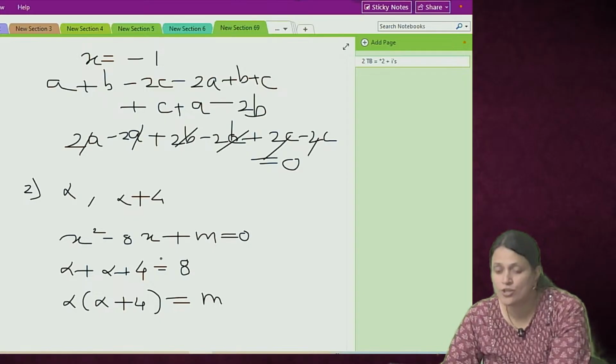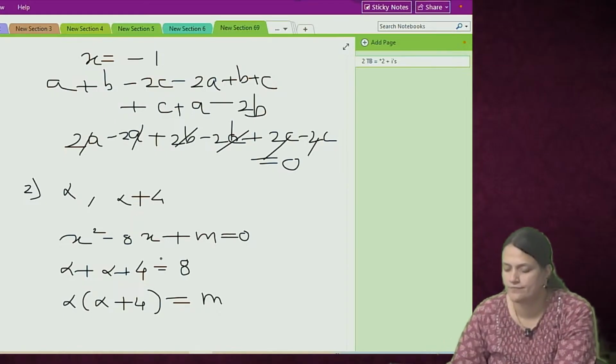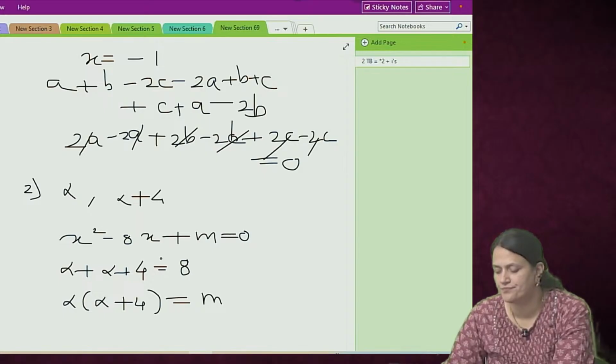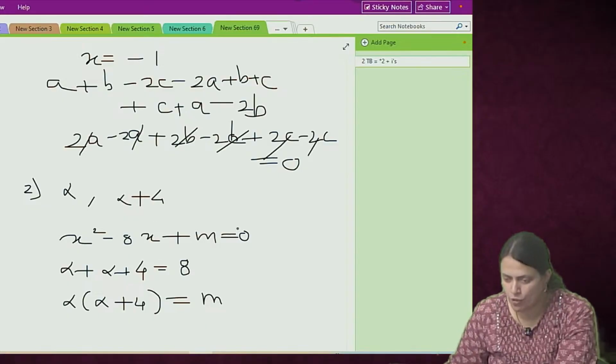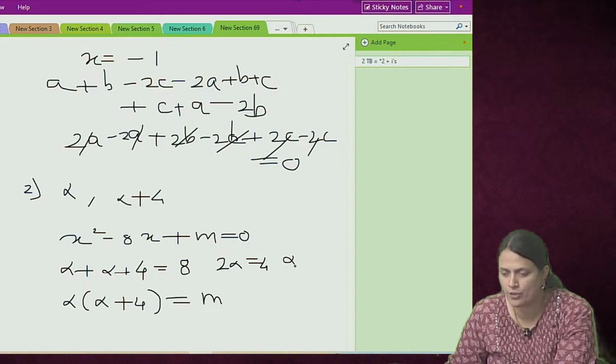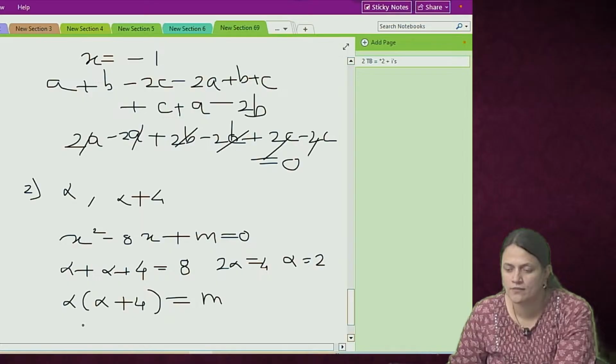Okay, now solve. Alpha plus alpha plus 4 is given to you as 8. Find out the value of alpha. If you observe here, 2 alpha is equal to 4. So the value of alpha we are going to get is 2.